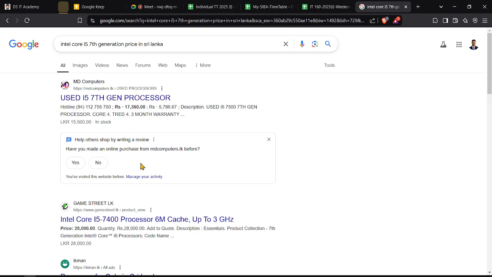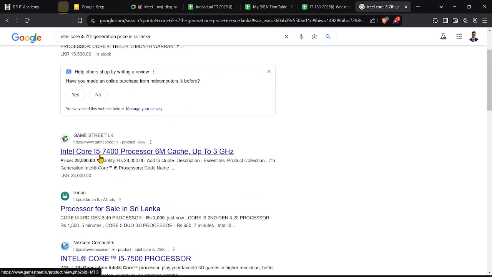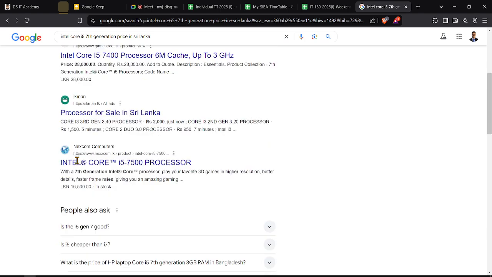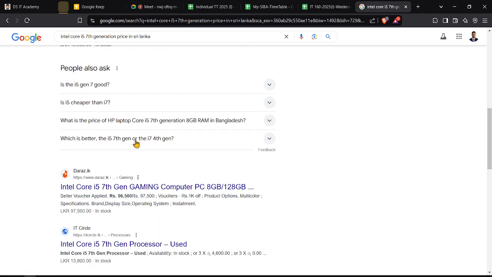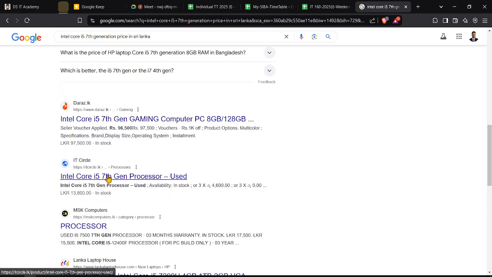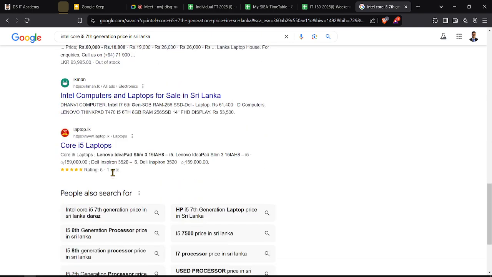Here Game Street LK, if you use i5 7th gen, it's 28,000. So yeah, several price ranges, and here in Dara's Hi-Fi 7th Gen gaming one is 96,000. So likewise, you have several price ranges.